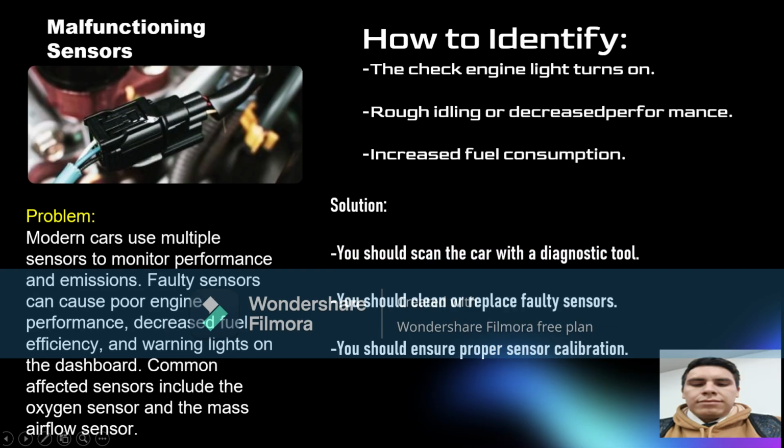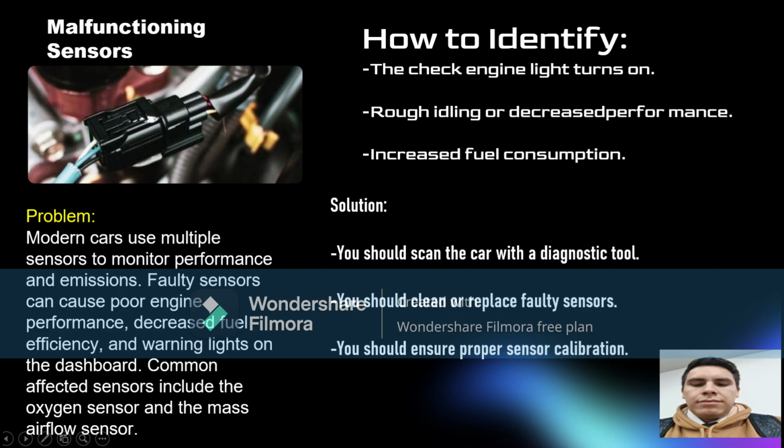Malfunctioning sensor problems. Modern cars use multiple sensors that monitor performance and emissions. A faulty sensor can cause poor engine performance, decreased fuel efficiency, and a warning light on the dashboard. Affected sensors include the oxygen sensor and the mass airflow sensor.